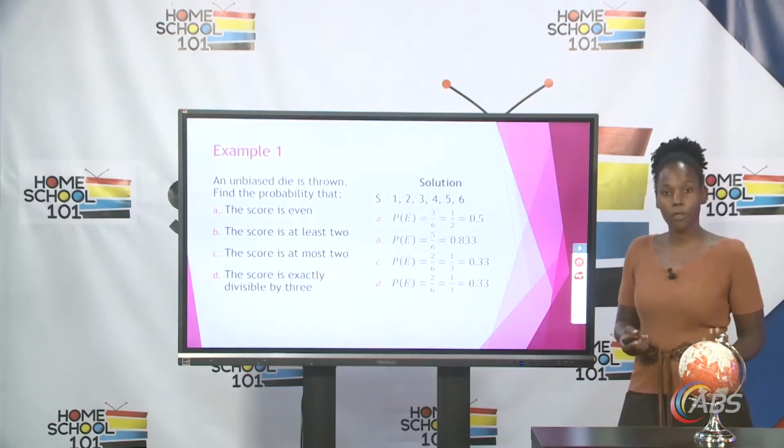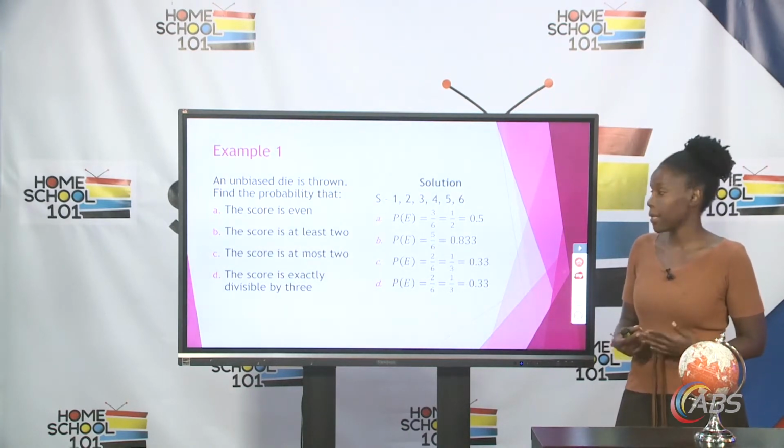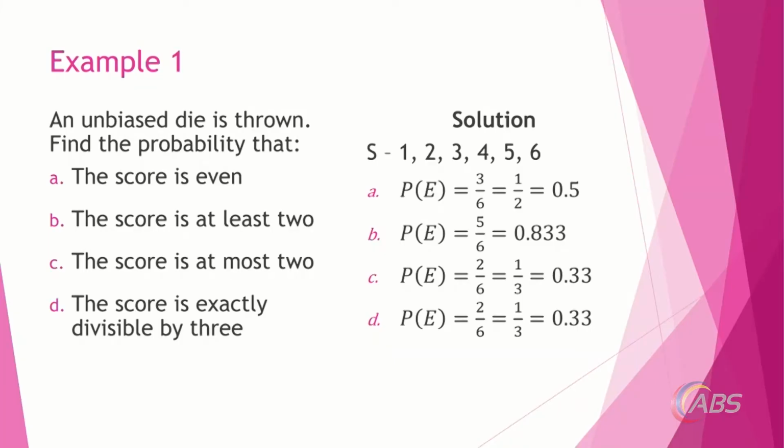So we will then go through some examples where we apply the rules of probability. The first example states an unbiased die is thrown. Find the probability that A, the score is even, B, the score is at least 2, C, the score is at most 2, and D, the score is exactly divisible by 3.